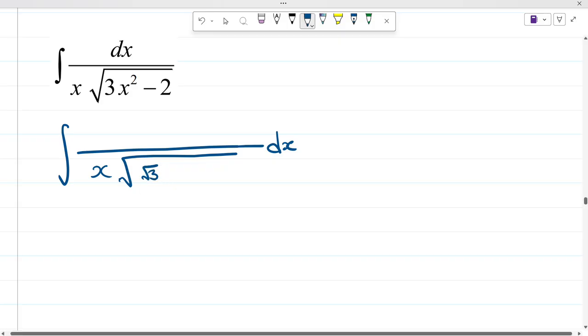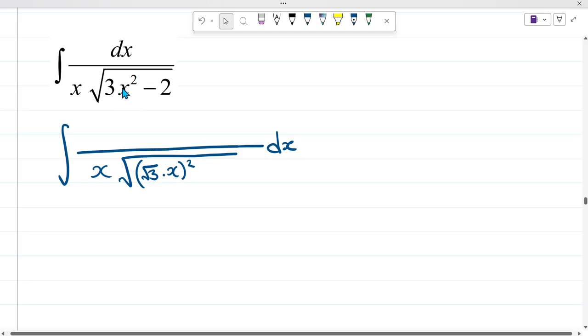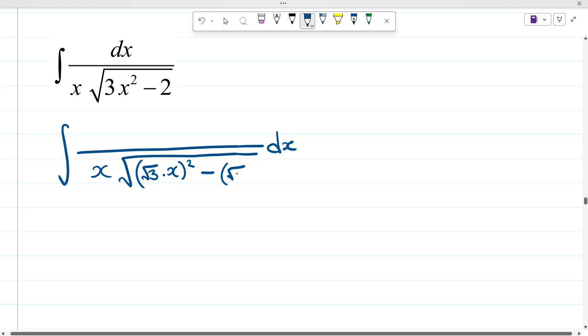So let me write square root of 3 and then x squared. What I wrote here is the same as 3x squared, right? You can see it, I don't have to preach a lot when it comes to that. So let's write 2 as well in the form of something squared. So this is going to be square root of 2 squared, like that.